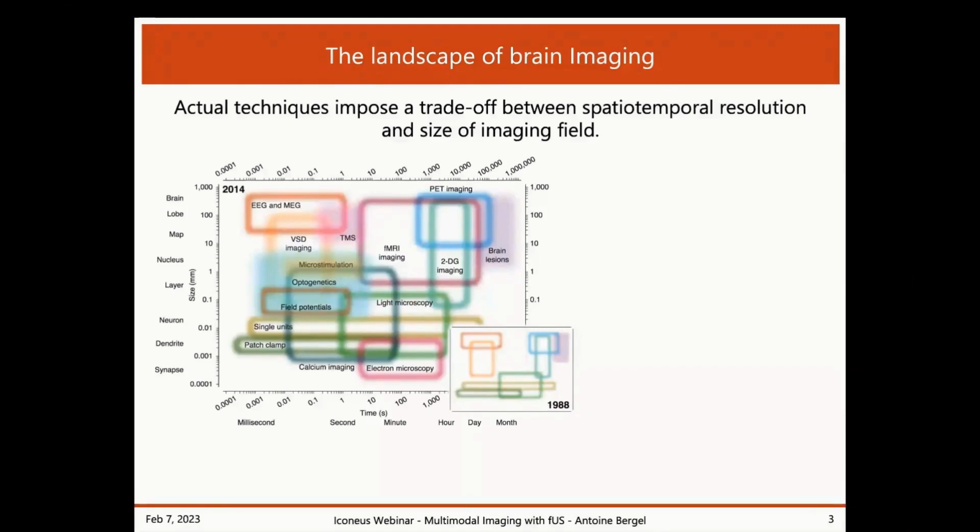On the other side of the spectrum, you have techniques like electrophysiology that are able to monitor the activity of neurons, but they are not able to have a large field of view. What's super interesting with functional ultrasound is that it's sitting in between these two worlds.